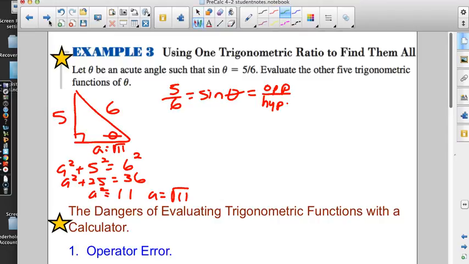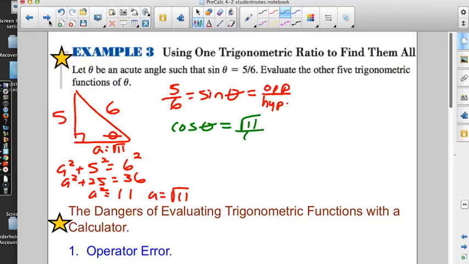All right, so we know what sine is. We're supposed to get the other ones. The cosine of theta. What would you put for the cosine of theta? You're doing all 6 of them, right? Yeah, you are. Fine then.